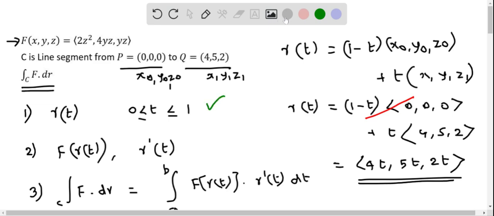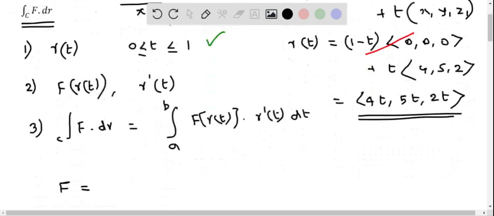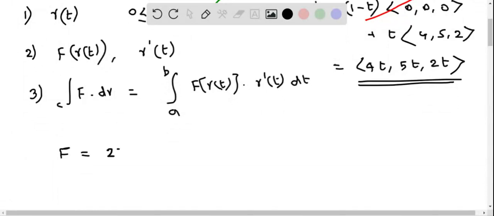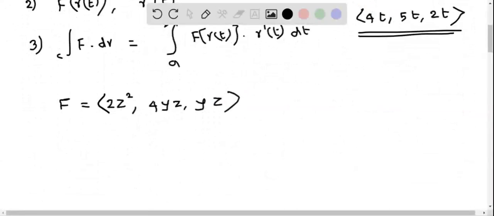Let's now do step 2, where we have to determine F of r of t as well as r prime of t. So let's copy the F function. The given function is 2z squared, 4yz, yz. This is F, and then we will be tracing this r of t.